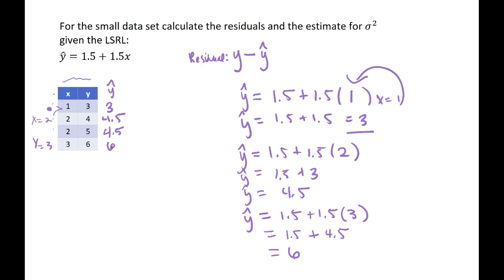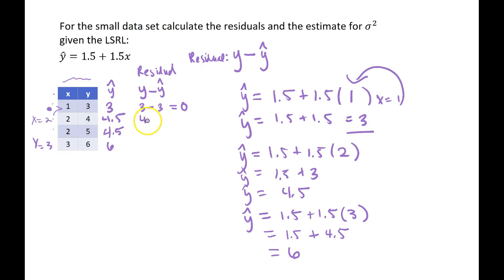If we want to calculate the residual for each one of these values, because there is a residual for every single point in our data, that's y minus y hat. This is the residual. We can simply subtract our predicted value from the observed value, so 3 minus 3 is equal to 0.